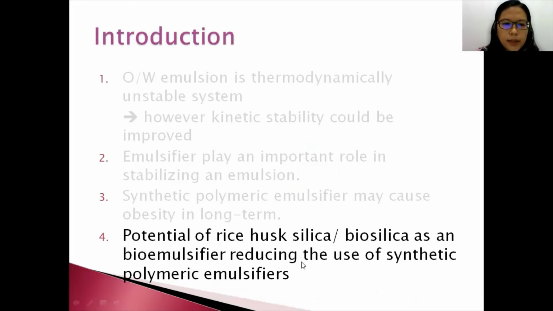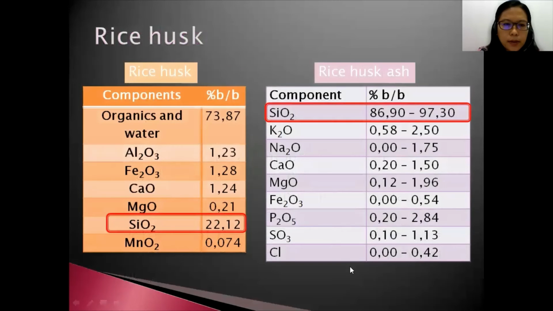And finally, the potential of rice husk silica or biosilica as a bioemulsifier would help reduce the use of synthetic polymeric emulsifiers. So what is the rice husk? You may see the composition of rice husk here.